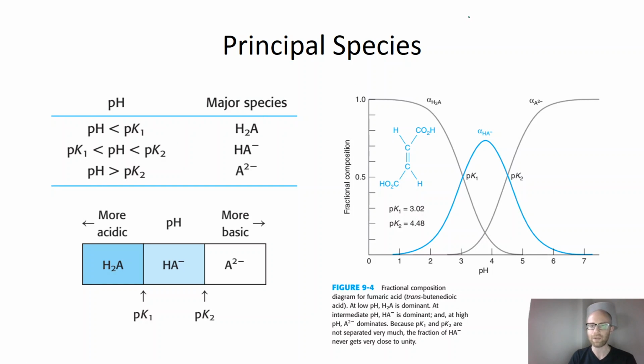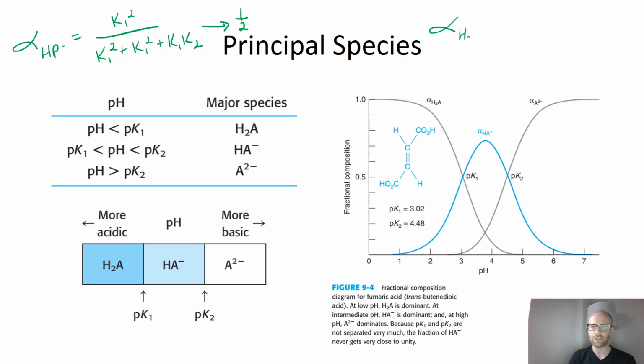what ends up happening is that alpha HP minus equals K1 squared over K1 squared plus K1 K2. And in this case, K1 K2 is usually the smaller number because K2 is smaller than K1, and so this value is going to approach 1/2 K1 squared over K1 squared plus K1 squared.